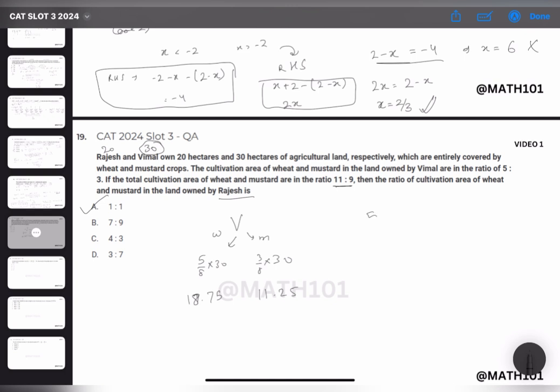And of the total 50 hectares, 27.5 is for wheat and 22.5 is for mustard.